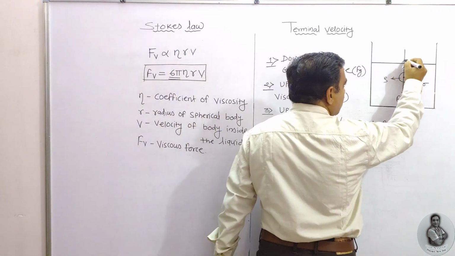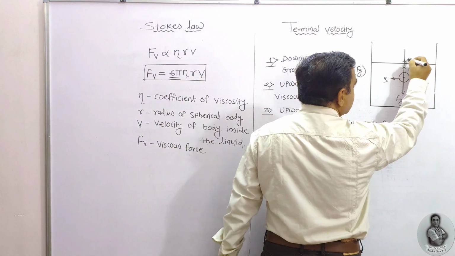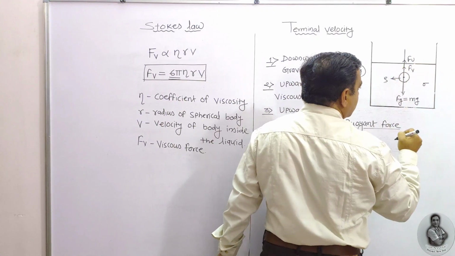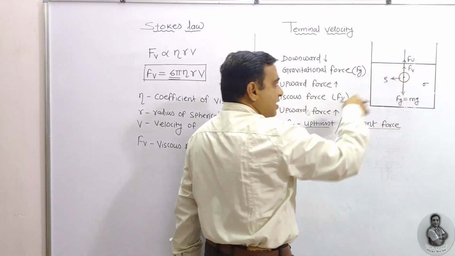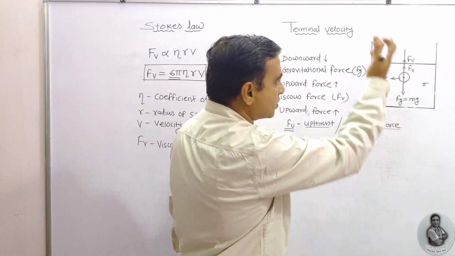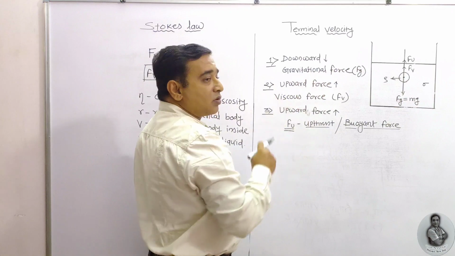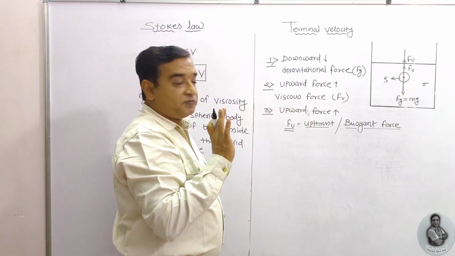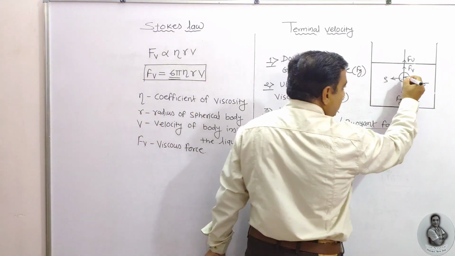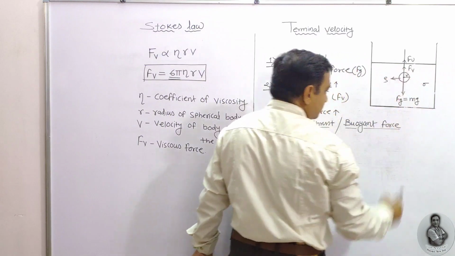So here is one more force which is acting in the upward direction, that is Fu. Here one force is acting in a downward direction and two forces are in the upward direction, and they are acting on the spherical body, which has the radius r.